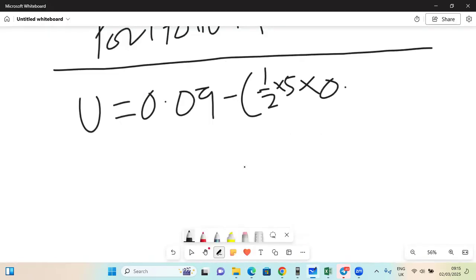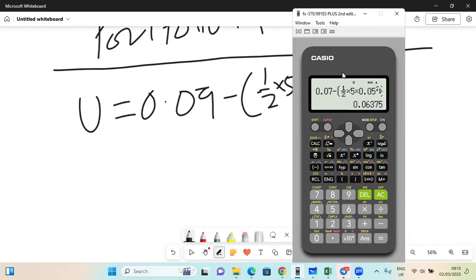So 0.1 squared. Let me change it here, 0.1.